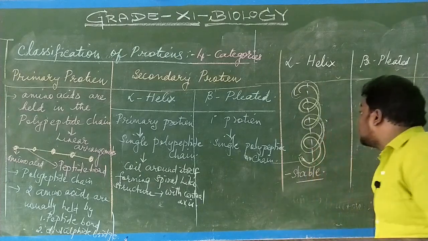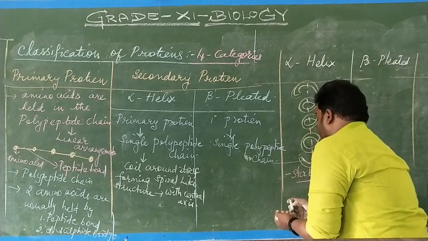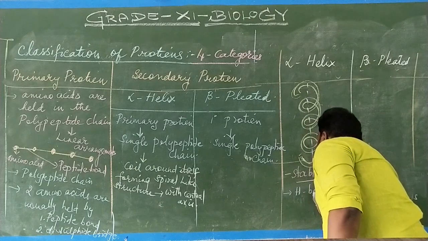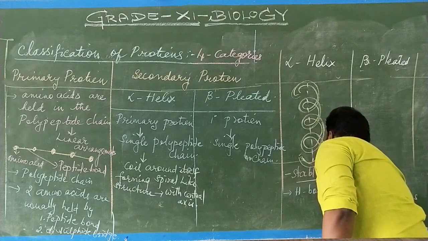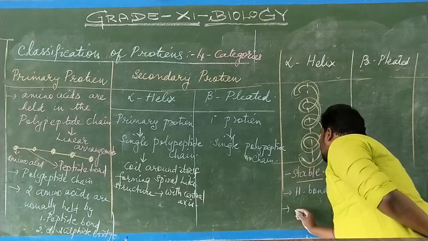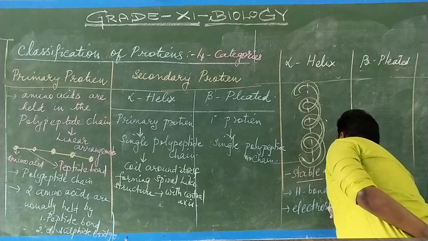Example கேட்பாங்க why it is more stable? It is more stable because it is held by means of hydrogen bonding. It is held together by means of what? Hydrogen bonding. Similarly, it is held by means of electrostatic force of attraction.